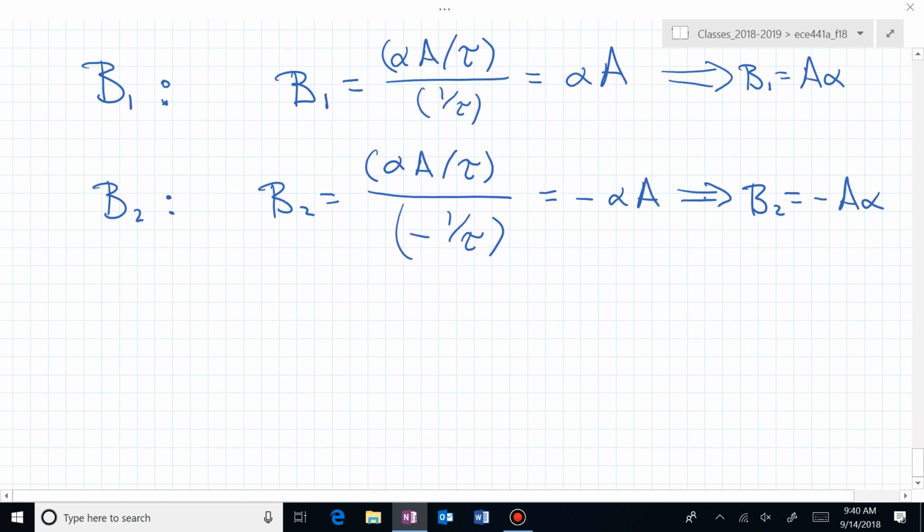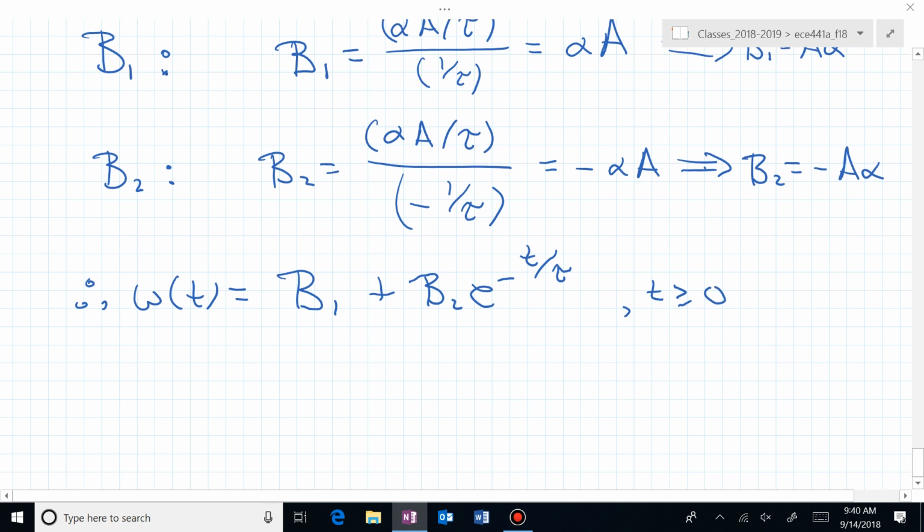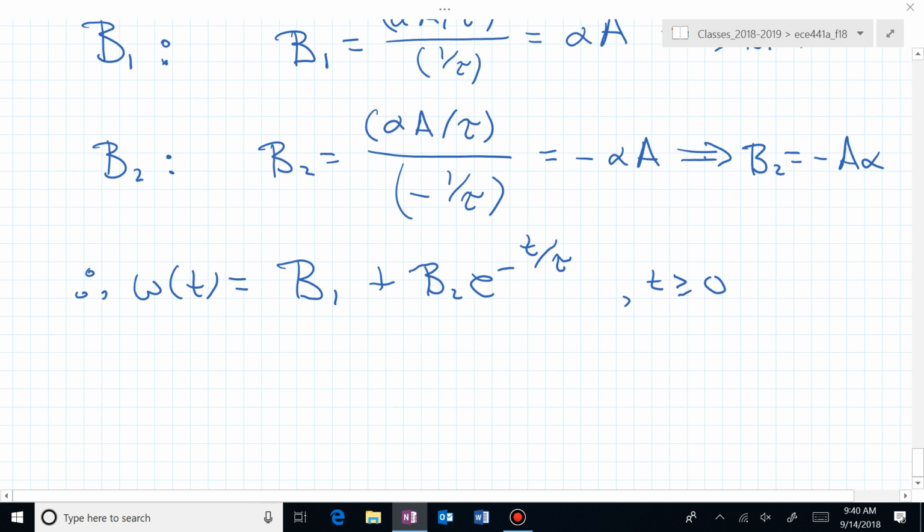Now can you give me the expression for omega of t? That's just b1 plus b2 e to the minus t over tau for t greater than or equal to 0. Or plugging in the b expressions parameterized in A and alpha, we now can say, oh, we had an A alpha common to all of those.